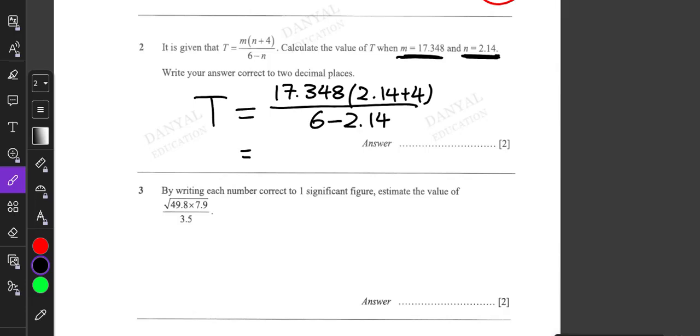In this case I'm using the calculator on my phone, so let's check. The first answer is 106.517. I highly encourage you that when you write your answer, please write it corrected to 6 SF first.